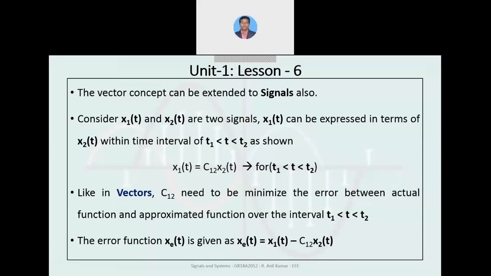Next, the error function representation. In vectors we have the formula v1 equals c12 v2 plus ve. If we take ve on the left hand side, ve will be equal to v1 minus c12 v2. Similarly, in the signal concept, we take xe of t as the error signal on the left hand side, and it will be equal to x1 of t minus c12 into x2 of t.